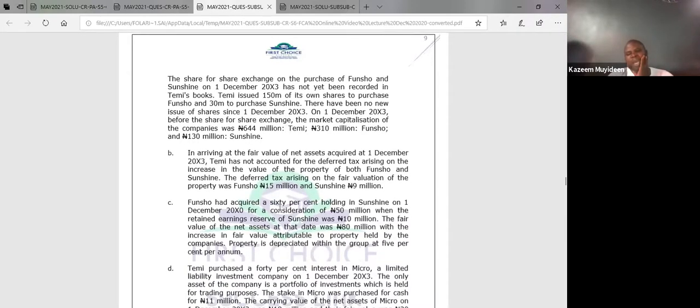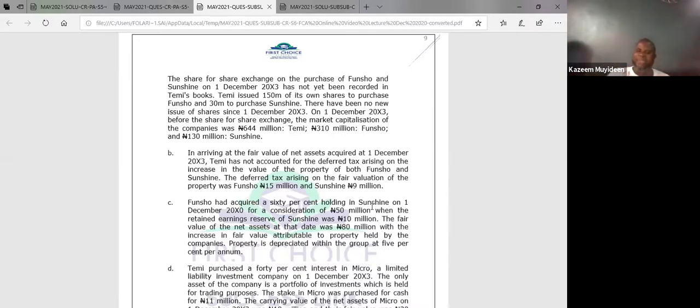Funsho had acquired 60% in Sunshine. Temi is the parent. He has both direct and indirect subsidiary. Indirect is Sunshine because the parent is not the one that acquired it directly. It is his direct subsidiary that acquired the indirect subsidiary. Funsho acquires Sunshine. Temi acquired Funsho. Both Funsho and Sunshine are direct and indirect subsidiary.